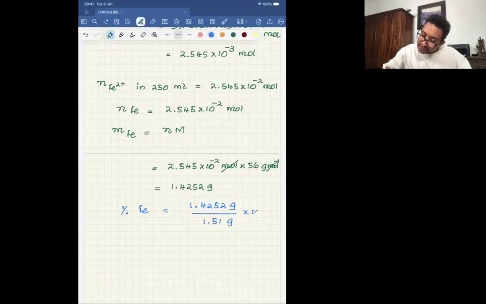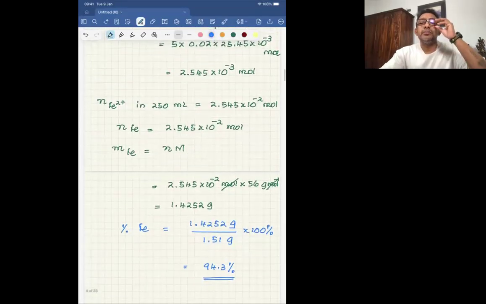It's a mass percentage. 1.4252 divided by 1.51 multiplied by 100%, you get an answer of 94.3%. Did you understand that? Is it clear? 94.3.